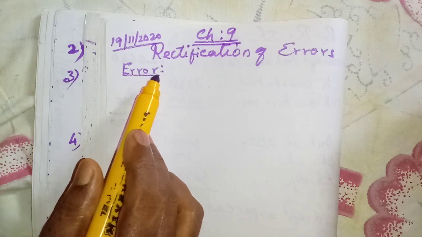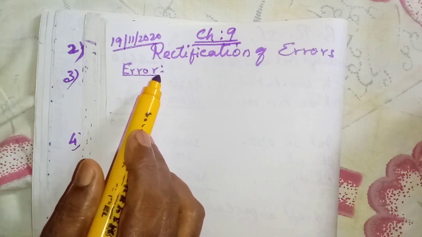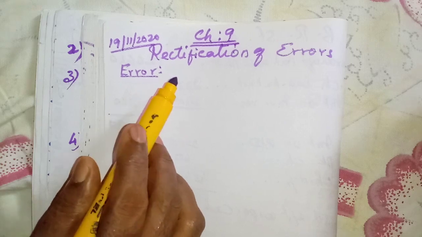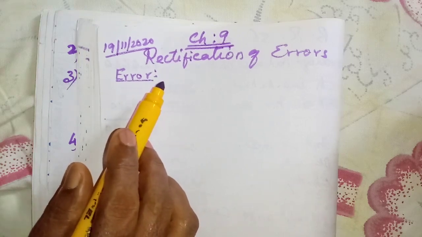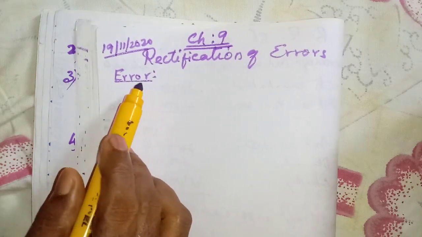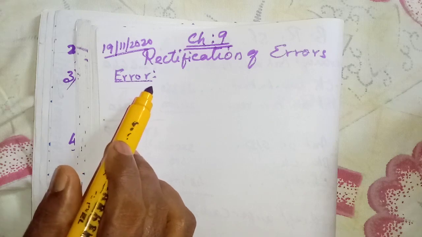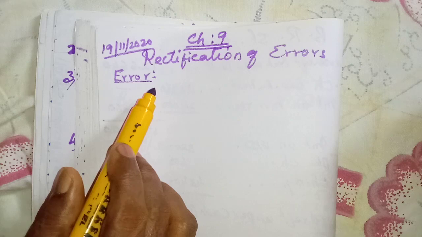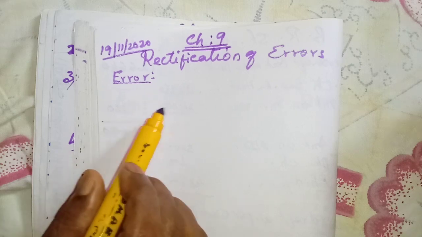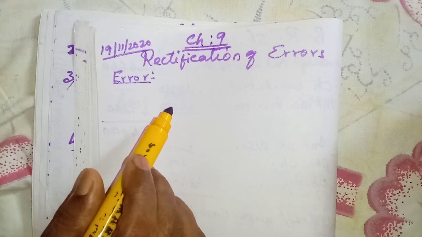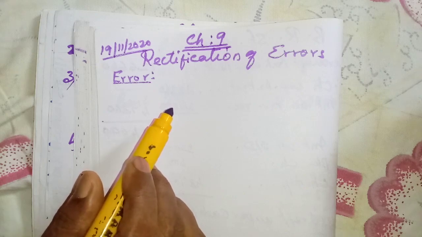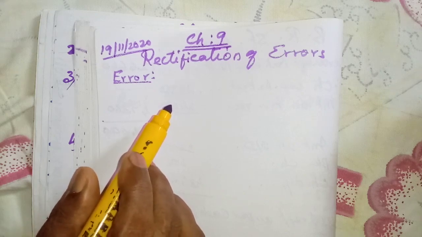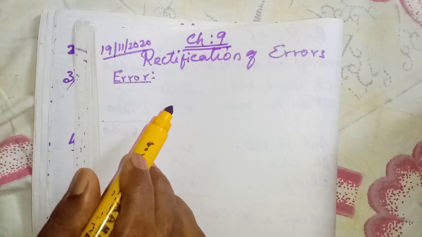At the time of doing that, it comes automatically by our carelessness. Okay, that is called error. So what is an error? The meaning given in the book is, error means recording or classifying or summarizing the accounting transactions wrongly, or omissions to record them, by a clerk or an accountant unintentionally.